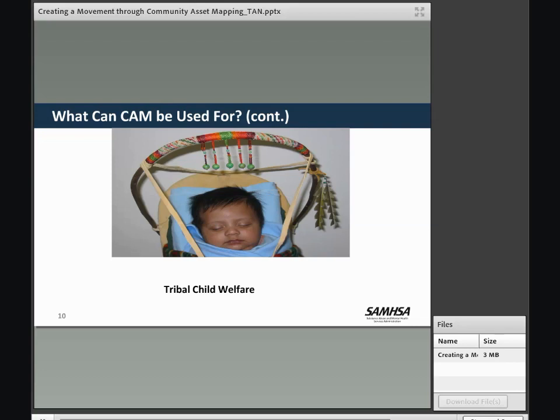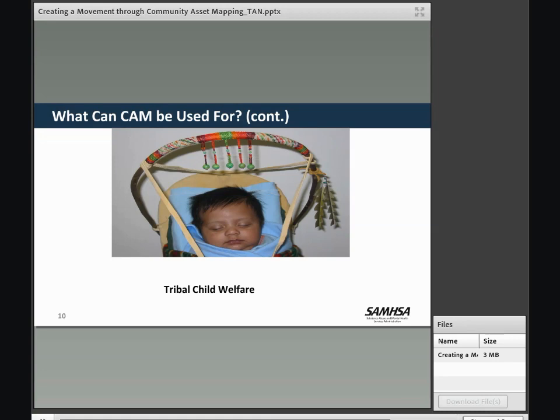So tribal child welfare is another system that would benefit from community asset mapping to focus on the safety and well-being of children, youth, and families. Tribal child welfare can be funded by the tribe, by government agreements, but it really benefits from having broad community participation.